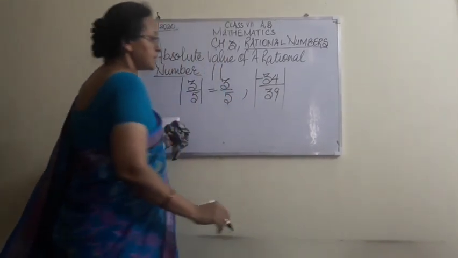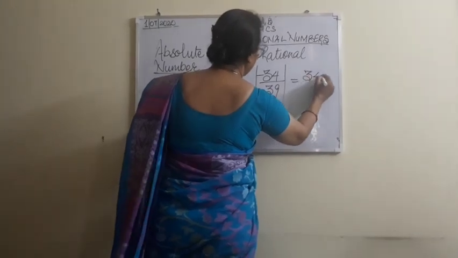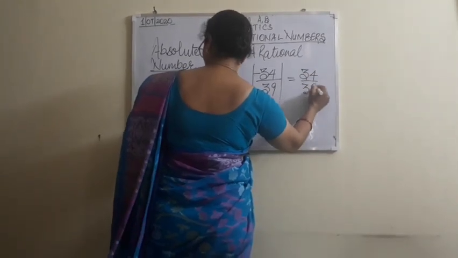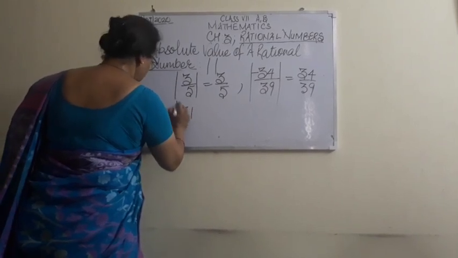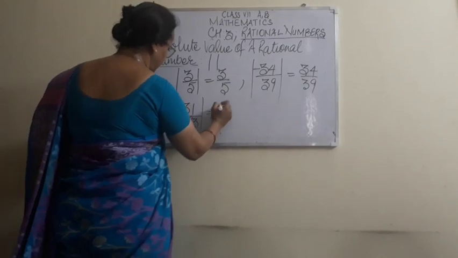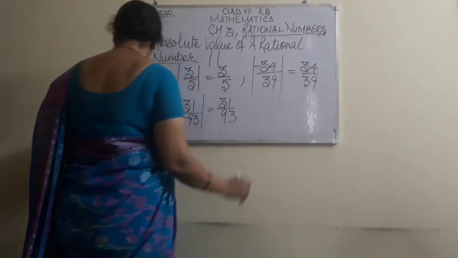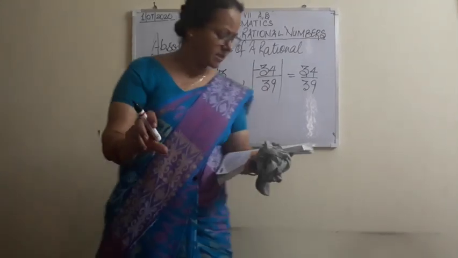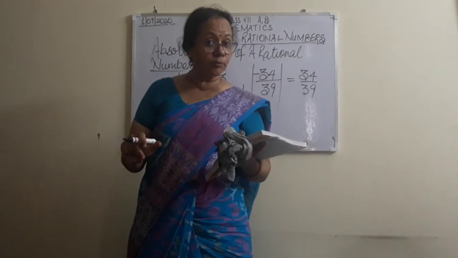In absolute value, the sign does not matter, so it is 34 by 39. I hope this is clear to you. If the number is written 31 by minus 93, then also the answer will be 31 by 93. Is it clear? In it, a remember box is there, so you will write down that remember box also in the notebook.